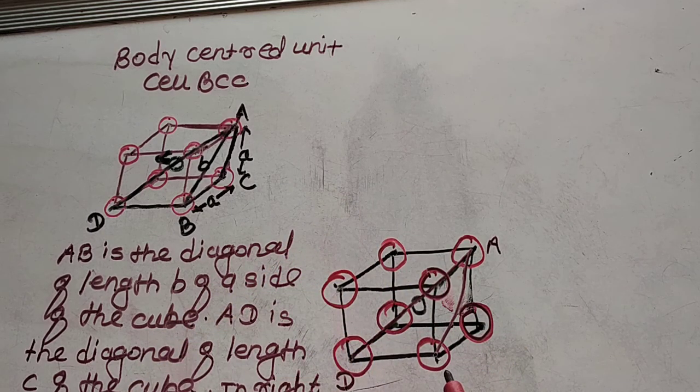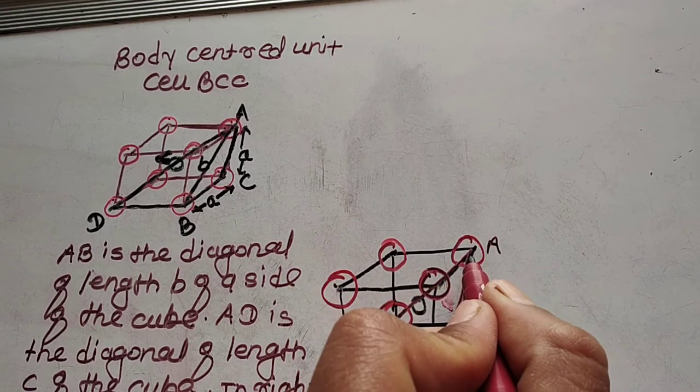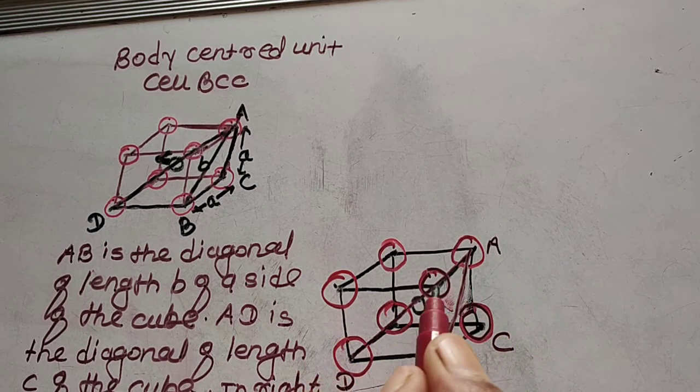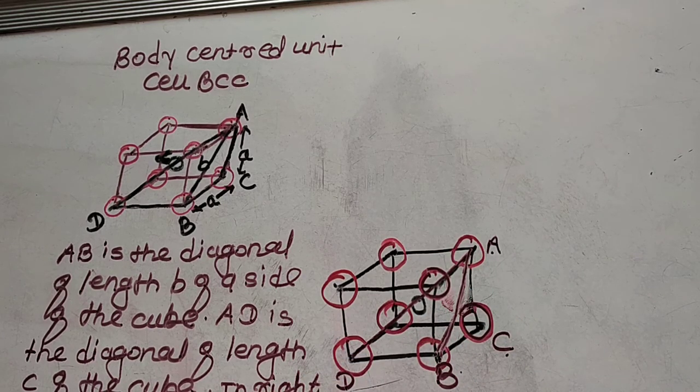That means this is B, this is C. Okay, both are right triangles: triangle ABC and triangle ABD. Both are right triangles.